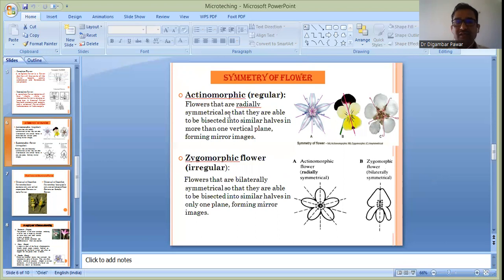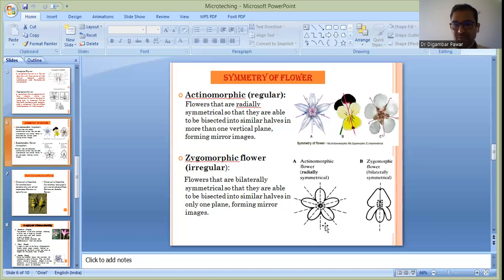Flowers that are radially symmetrical, so that they can be bisected into similar halves in more than one vertical plane, forming a mirror image, are called actinomorphic flowers. Flowers that are bilaterally symmetrical, so that they can be bisected into similar halves in only one plane, forming a mirror image, are called irregular or zygomorphic flowers.